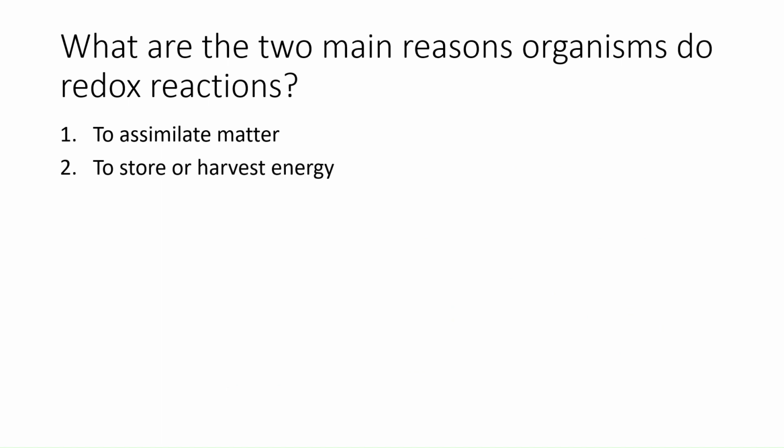And to store or harvest that energy. So you might make glucose so that you can use it later. Humans, for example, will store energy in fat, which is a biomolecule that harnesses that energy and can be broken apart later to release that energy and use it to do work.